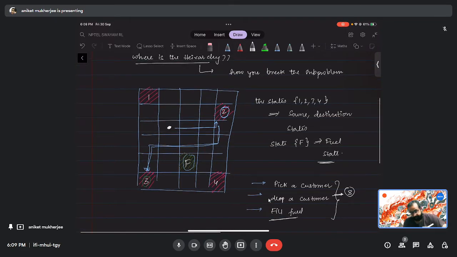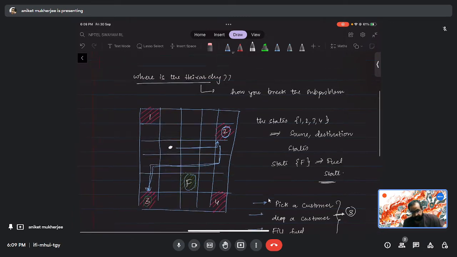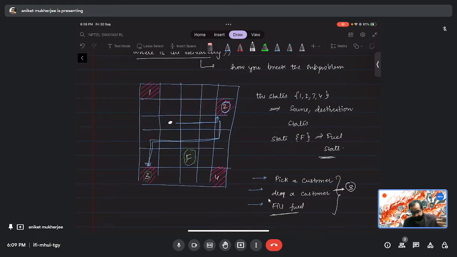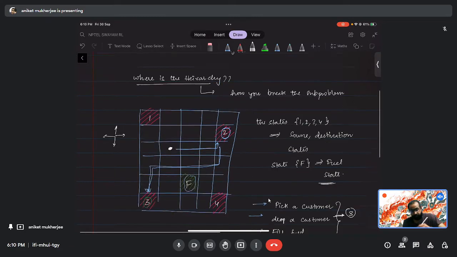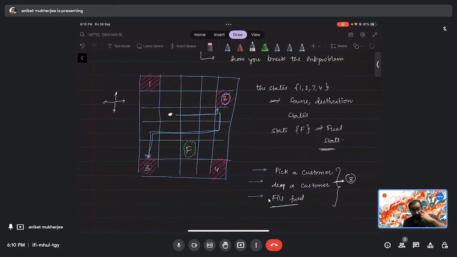As you can see, for our previous methods, the underlying MDP was just the states, and the actions would be go up, go left, go down, or go right. Once you reach the fuel state, you would fill up your tank, and then you would come up with an optimal policy for each state where you are.